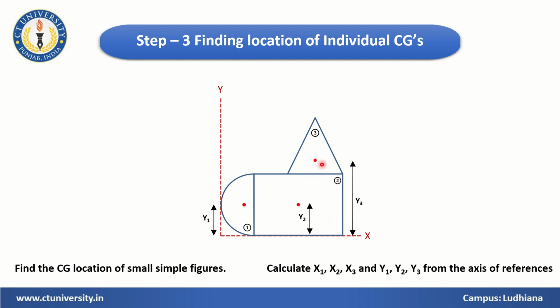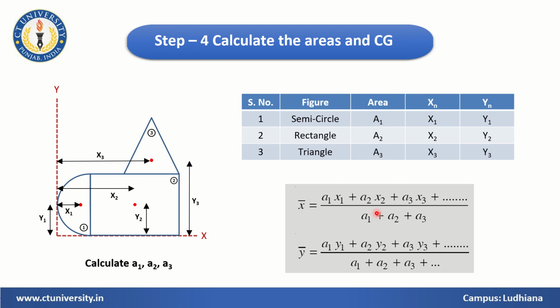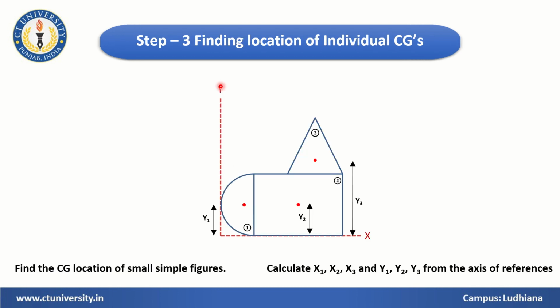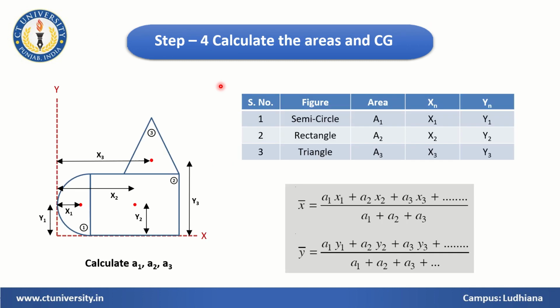So the total y3 will be this distance, the height of the rectangle, plus h by 3. So this will be your y3, right? That completes your third step, finding the individual centers of gravity x1, x2, x3 and y1, y2, y3.